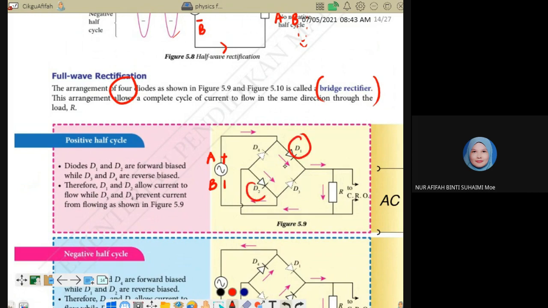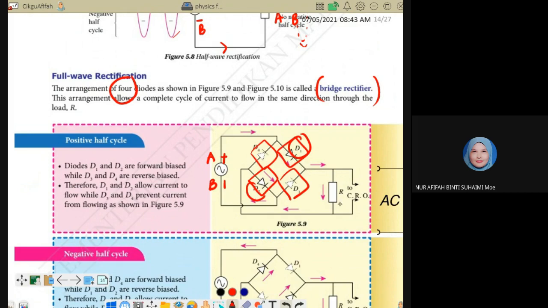Dan ada soalan dia akan kosongkan, dia akan buat petak kosong. Nanti dia akan minta you lukis arah diode ni macam mana. So you kena careful lah, kena ikut laluan yang betul. So the diode must be in forward bias. Positif.